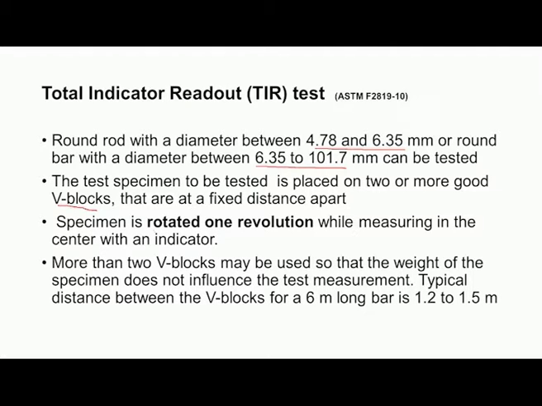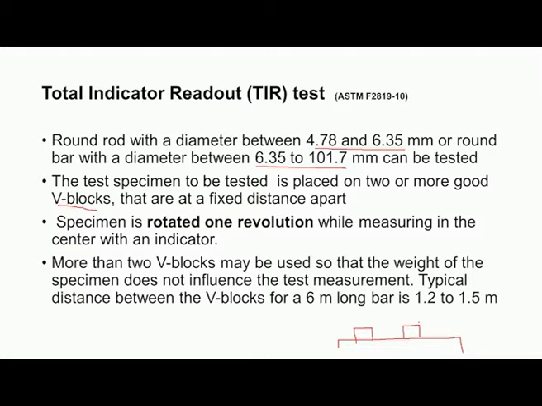Now, we have to keep the specimen on 2 or more V blocks. This is the surface plate on which we have to keep the V blocks depending upon the length. If the length of the rod is 1 meter, then we require only 2.